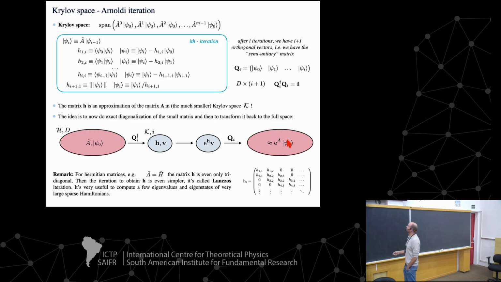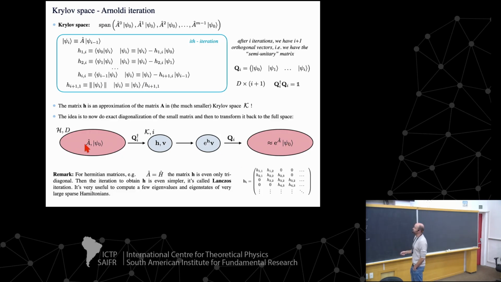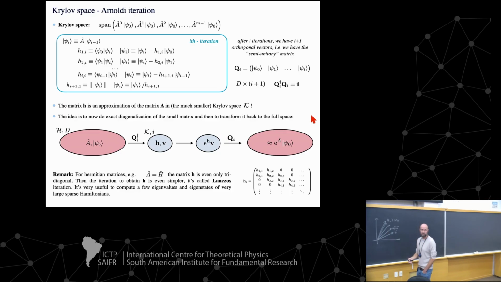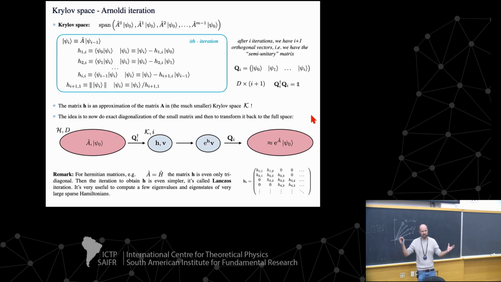But we don't want to do it on this big Hilbert space. Instead, we map this problem onto the smaller Hilbert space, where my matrix A becomes the small matrix h, and my initial state psi 0 becomes some small vector v. Then I solve this small problem on the small Krylov space, and afterwards I map it back to get an approximation of my big thing. That way I avoid doing the whole problem on the big Hilbert space and can do it on a controllably smaller space.